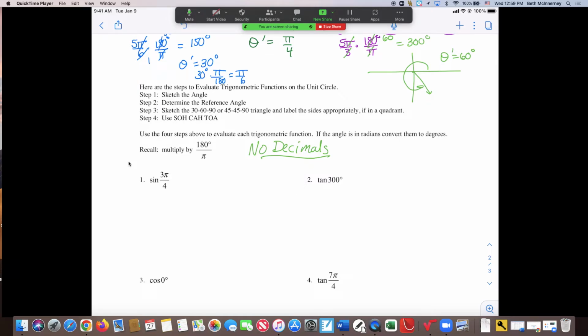So here's the steps. Sketch the angle, determine the reference angle, sketch the special right triangle, label the sides, sometimes they're negative, and then you'll use your SOHCAHTOA: opposite over hypotenuse, adjacent over hypotenuse, opposite over adjacent.